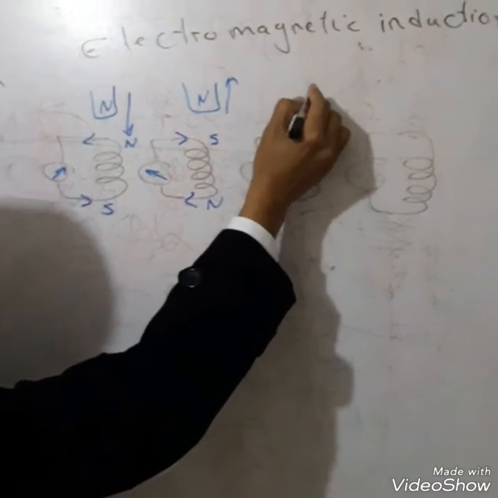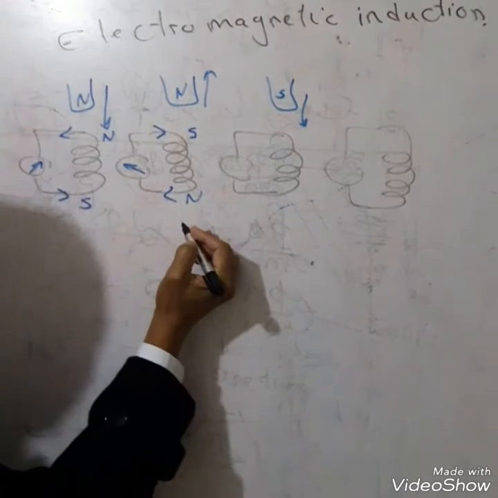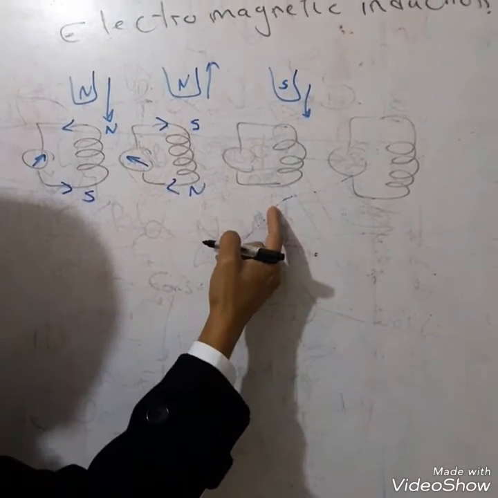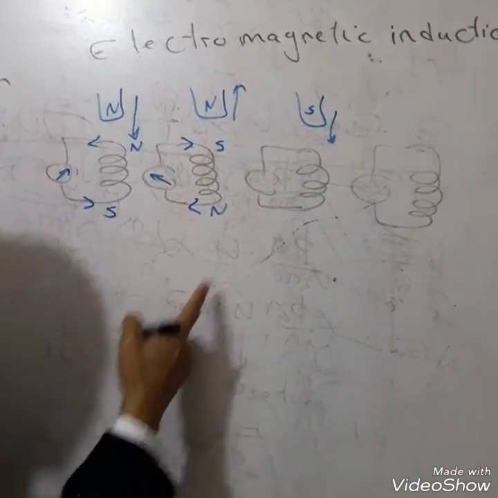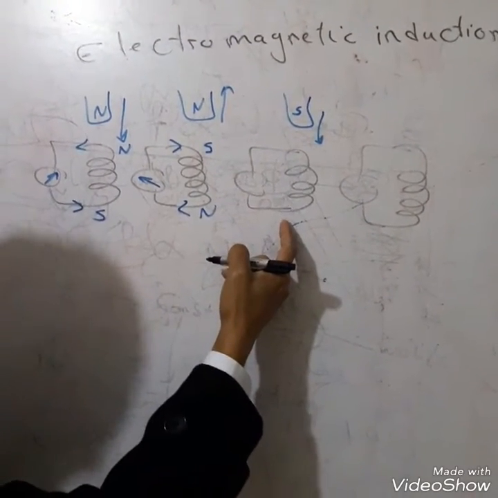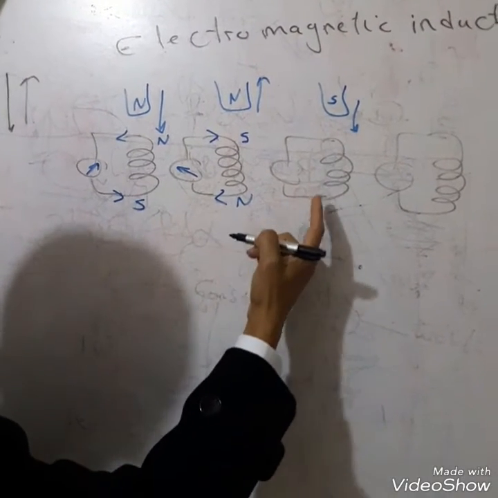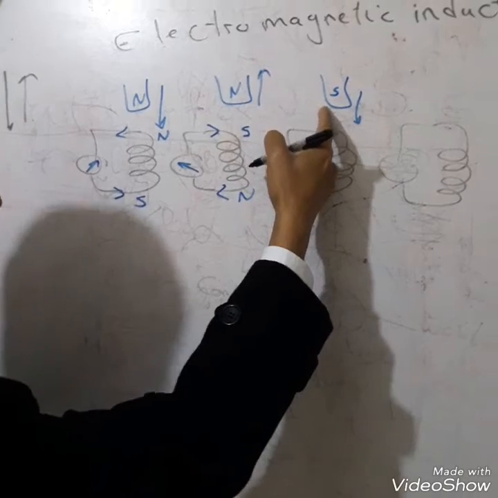If you bring a south pole close to this coil, an electromotive force is generated inside the coil, producing a magnetic field inside the solenoid, as a magnet, which opposes this south pole.